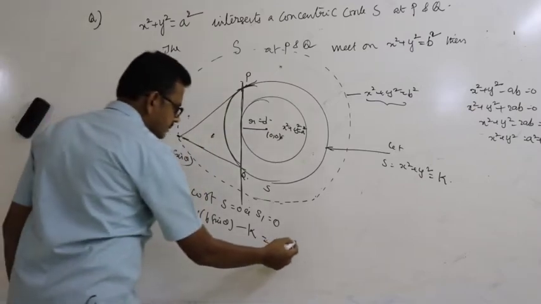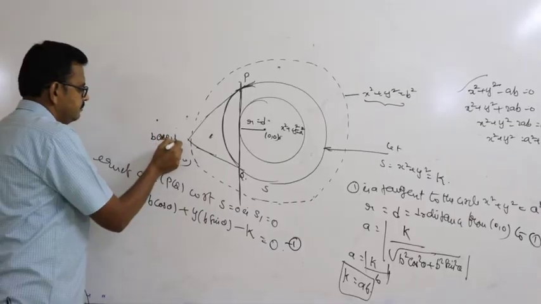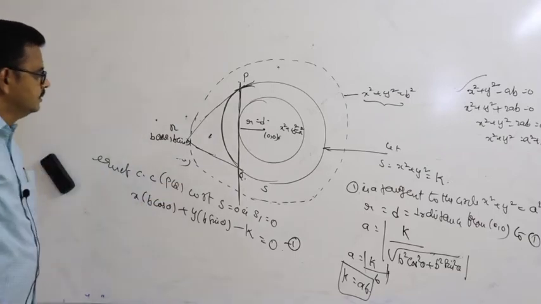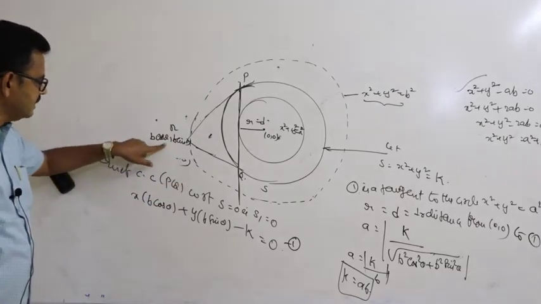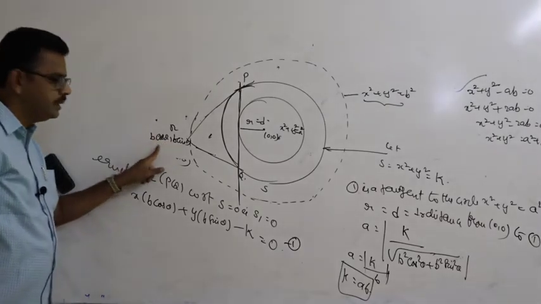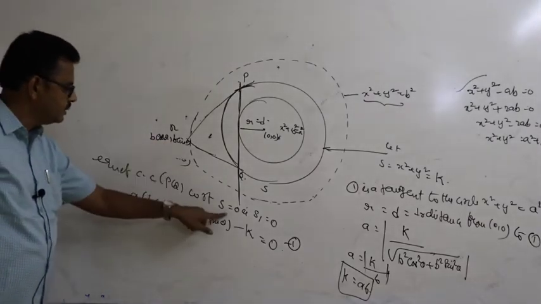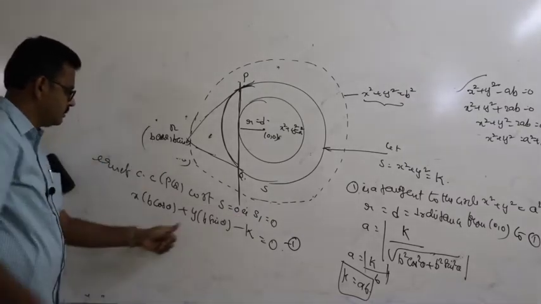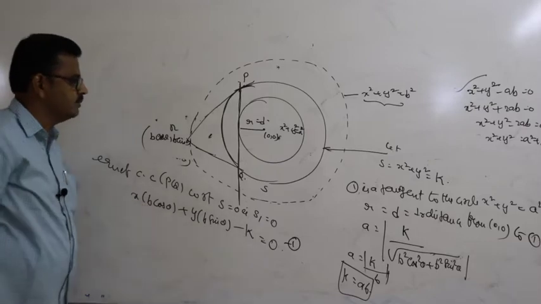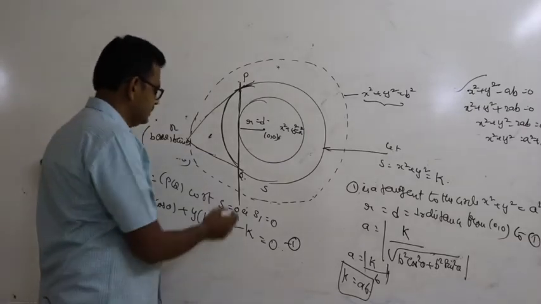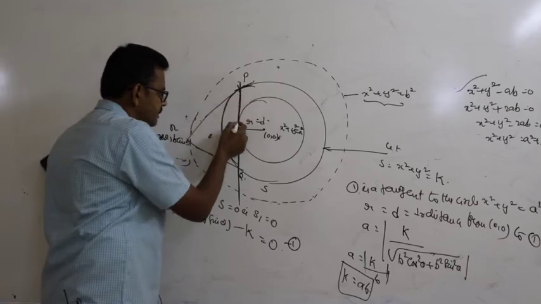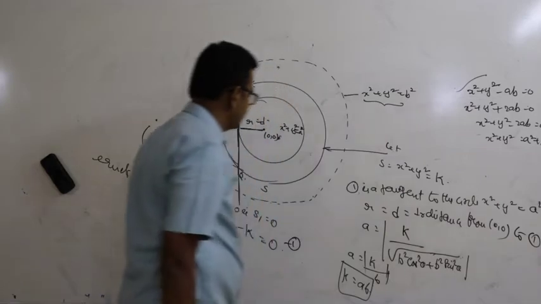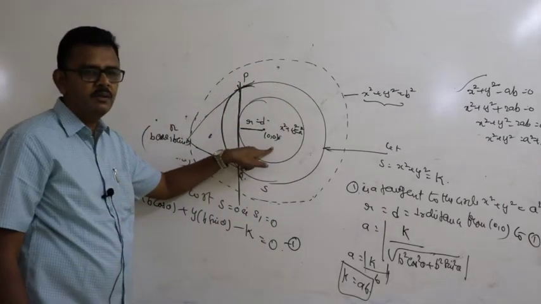The equation of chord of contact of the point R, b cos theta comma b sin theta, with respect to S equal to 0 is S1 equal to 0, that is x1 x plus y1 y minus k equal to 0. Since this is the line PQ equation, PQ is a tangent to the circle x square plus y square equal to a square.